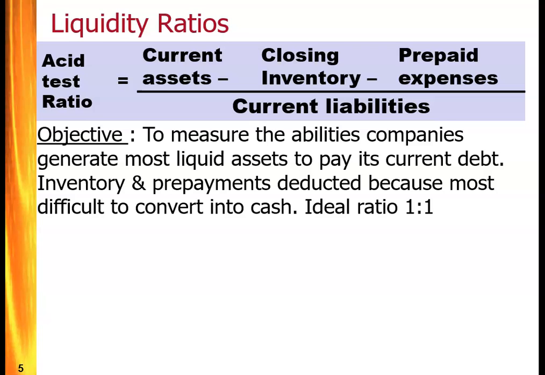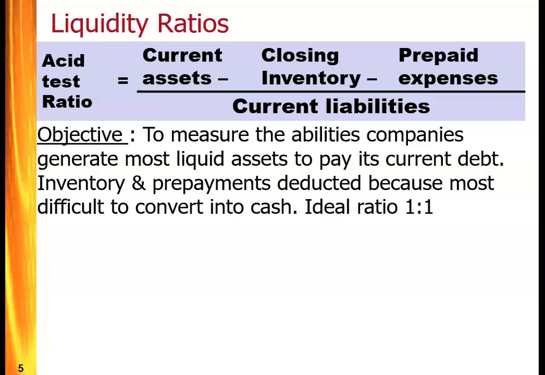And also the prepaid expenses, the overpayment to a third party. For example, if you overpaid to Tenaga Nasional Berhad, you cannot go to the counter and ask them for the cash that you overpaid. They will say that the money will be set off against the next bill. So you will not get the cash into the business.